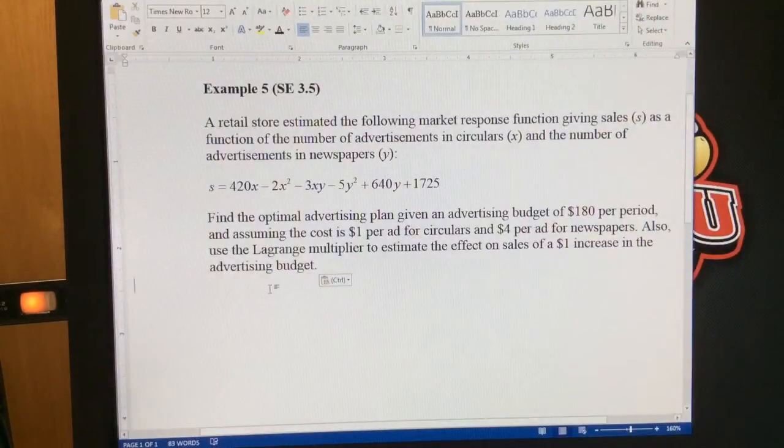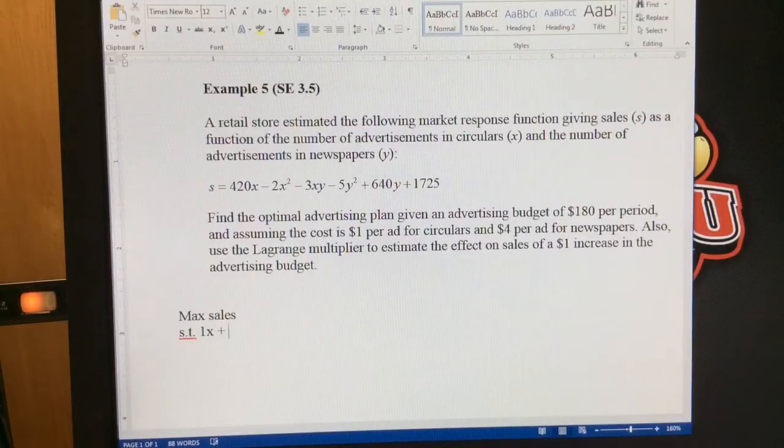So let's find the optimal advertising plan. First off, we want to think, what are we trying to maximize? What are we trying to minimize? Here we're trying to maximize our sales such that we satisfy our budget. For every circular ad, which is X, it's going to cost us $1.